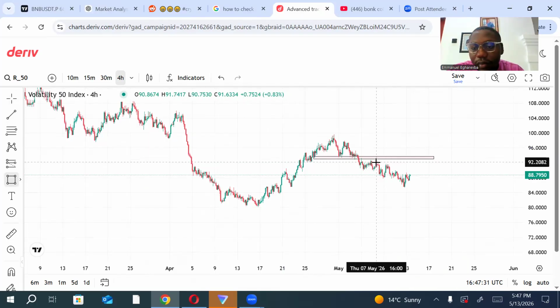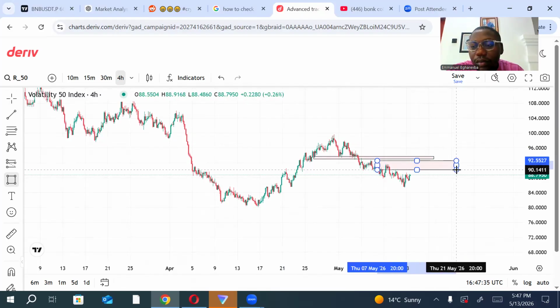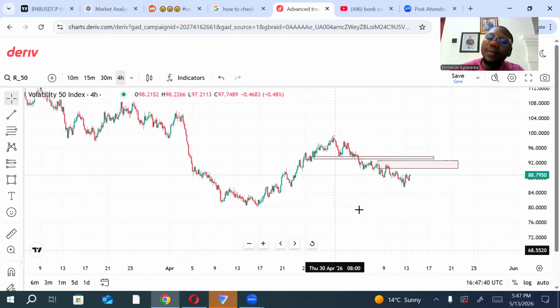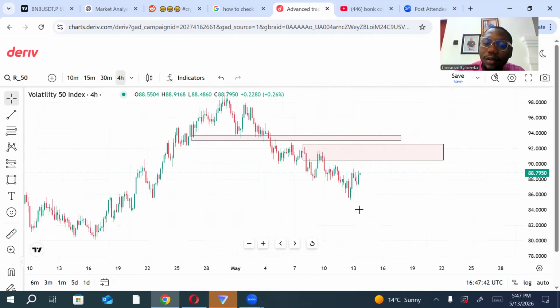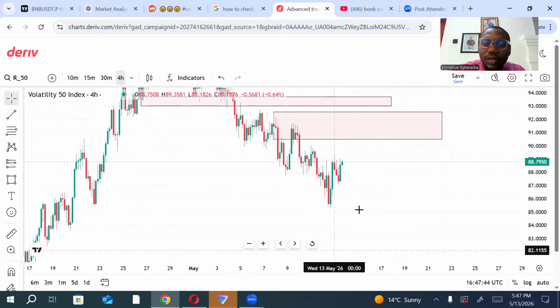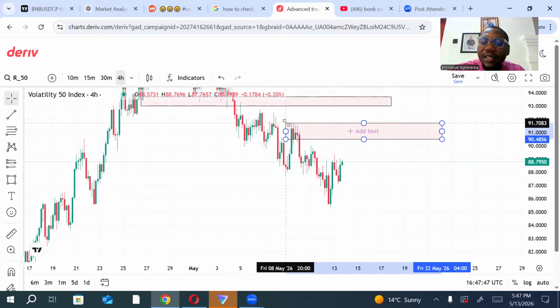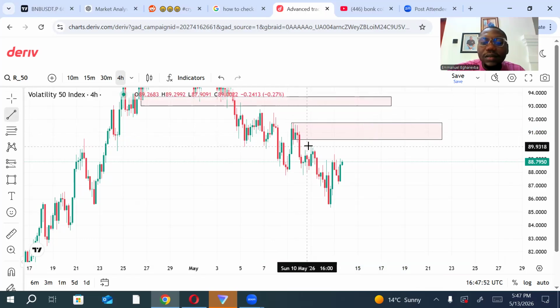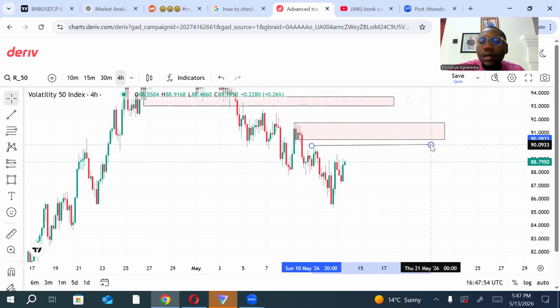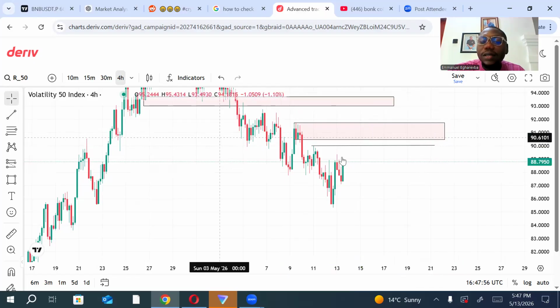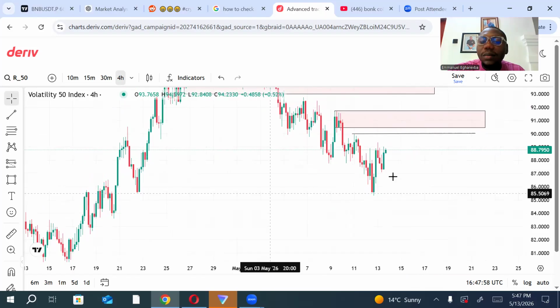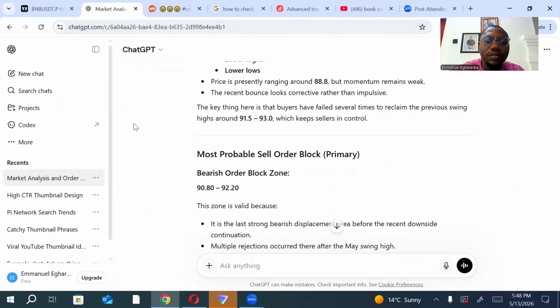So this is where price is telling us we have an order block, but obviously we'll have to refine this to here. And this would be our liquidity. I don't know if I'm making sense to you guys. All right, so let's continue.